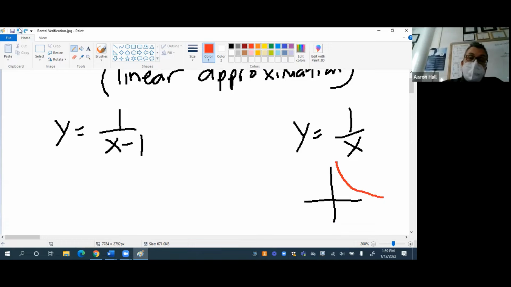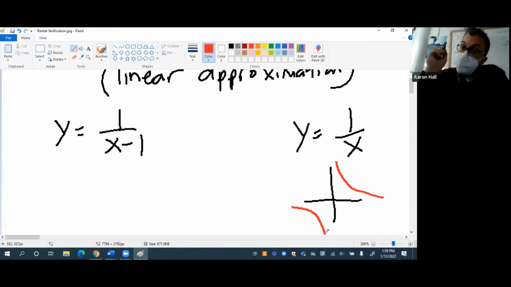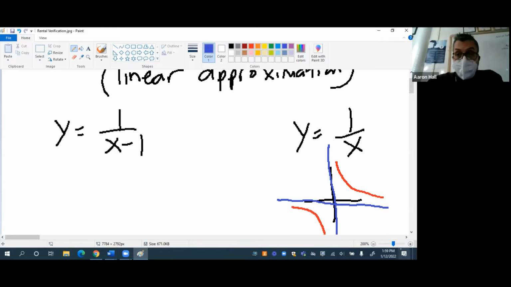One of the characteristics of rational functions is asymptotes. We have a horizontal asymptote here, and also a vertical asymptote that the graph converges on as it goes further to the left and right, as well as going up and down.